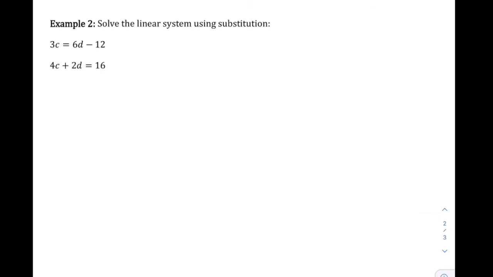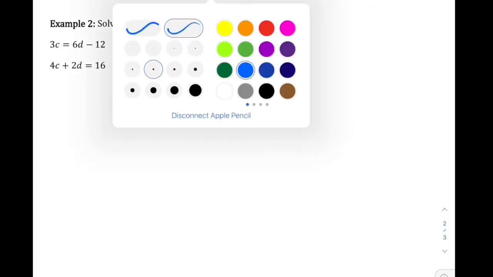So for another example here, we have a linear system where it might not be so easy to isolate one of the variables. We see that we have C and D. We say, which one of those do you think might be easiest to isolate? You might not always just pick the same one.